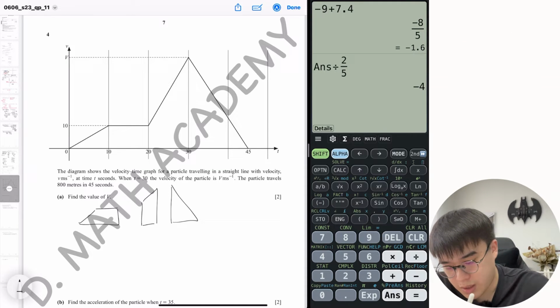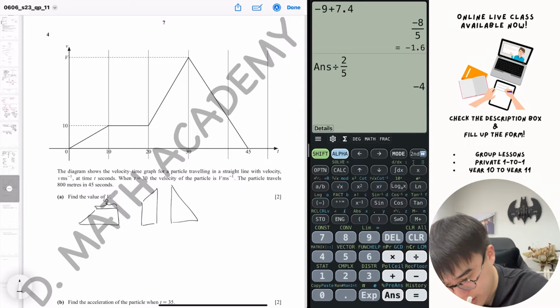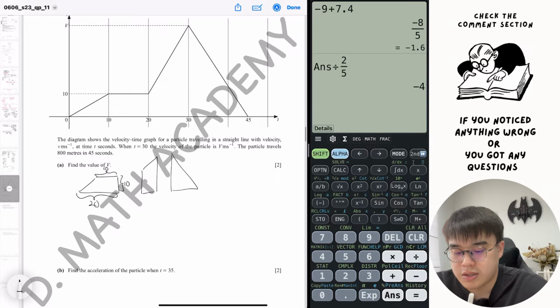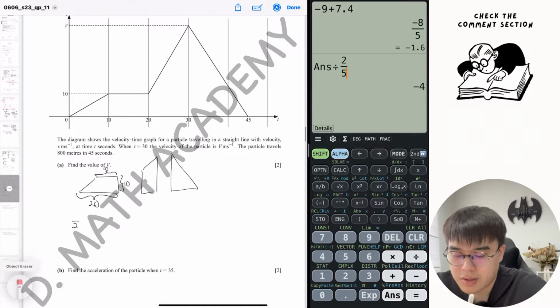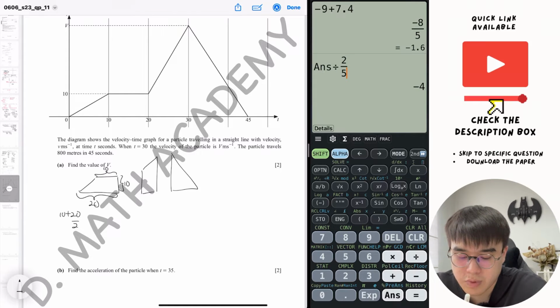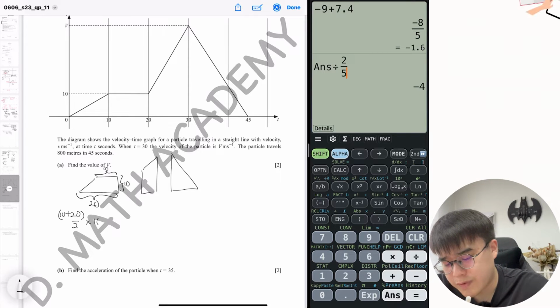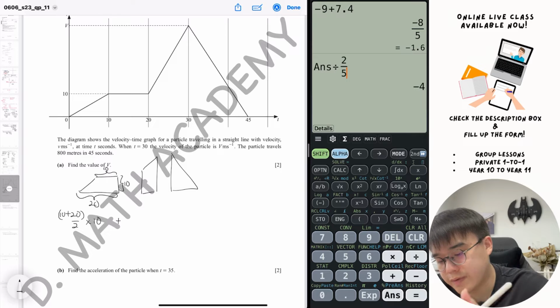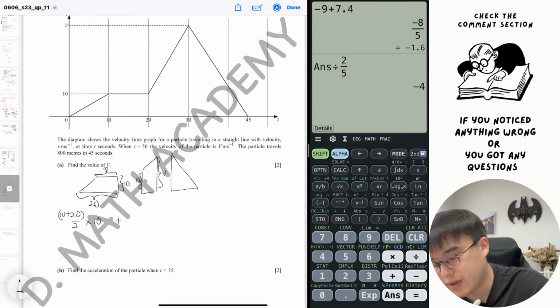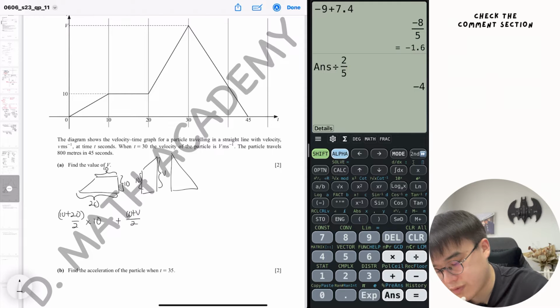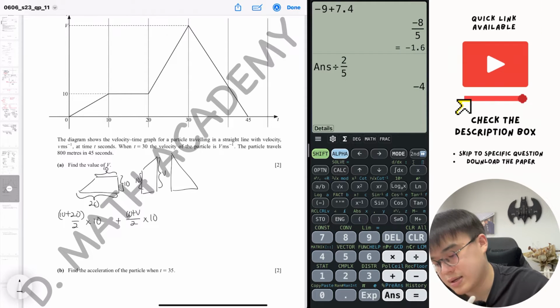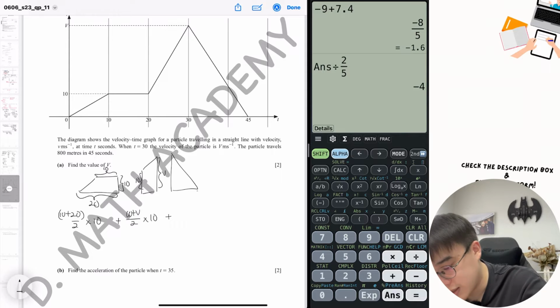So the trapezium will have a top of 10, bottom of 20, and a height of 10. So half, or top plus bottom, in this case 10 plus 20, multiplied with the height. This is the first part, followed by 10 again and here is v. So 10 plus v over 2 times 10. And lastly, we have the triangle here.